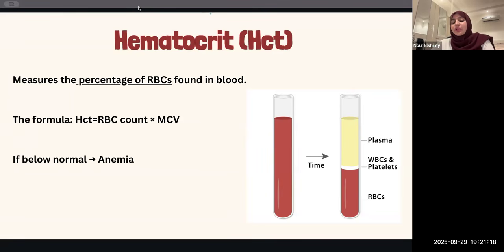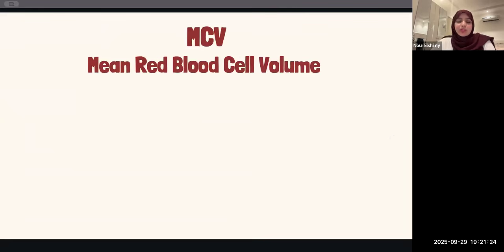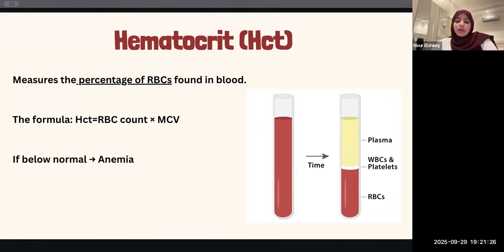Usually we refer to hematocrit as a percentage, but this was kind of a tricky question where it played with the words a little bit. They're either going to tell you percentage of red blood cells or red blood cells proportional to the total blood volume, which is, in other words, the percentage. Okay? Clear? Okay, great.